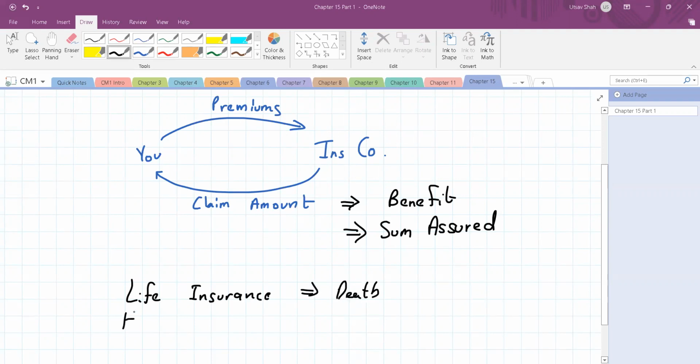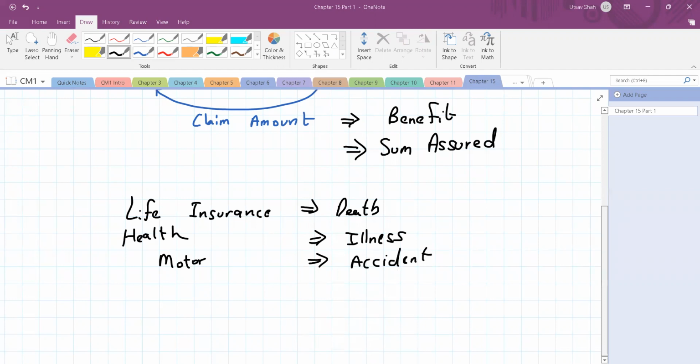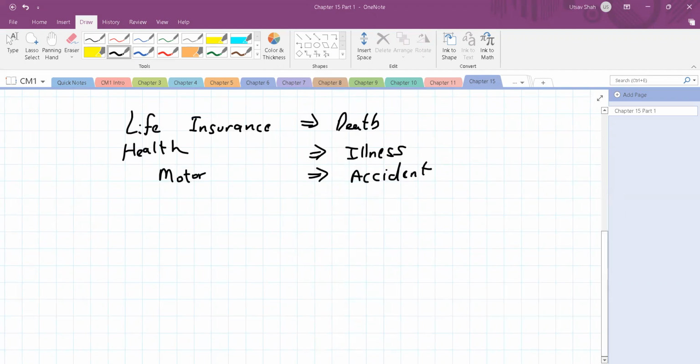In case of health insurance, it covers illness, hospitalization, or medicine cost. In case of motor insurance, or auto insurance, if an accident happens, the cost is paid. CM1 mainly focuses on the life insurance part.